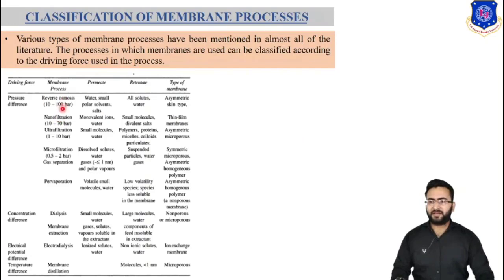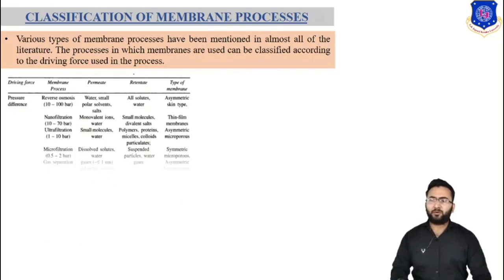So reverse osmosis, nanofiltration, microfiltration, and pervaporation are all considered pressure driven membrane separation processes, in which for reverse osmosis the permeate is water and small polar solvent or salt, whereas the permeate of nanofiltration is monovalent ions and water, the permeate in ultrafiltration is small molecules and water, and the permeate in microfiltration is dissolved solute and water. So all these processes, reverse osmosis, nanofiltration, microfiltration, pervaporation, and gas separation, are considered pressure driven separation processes.